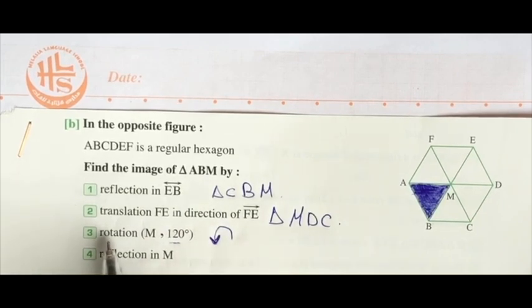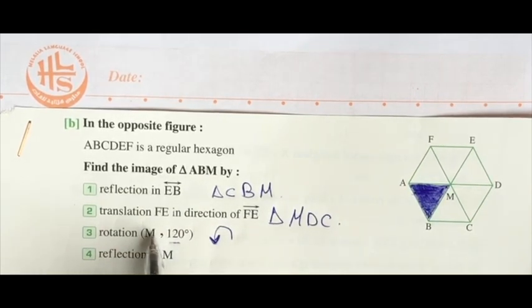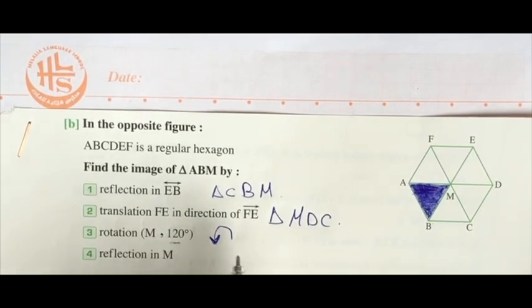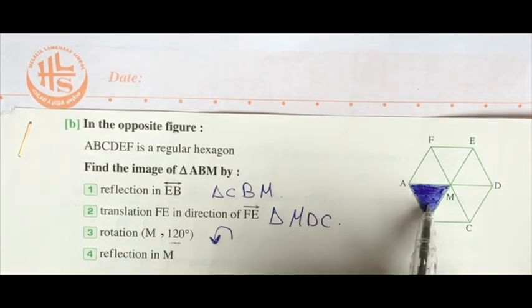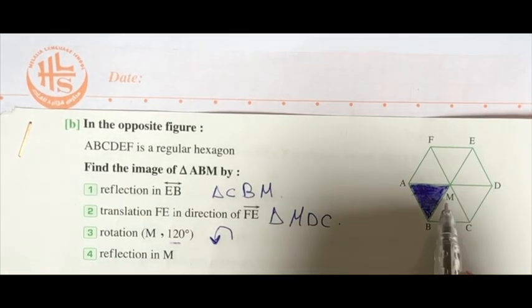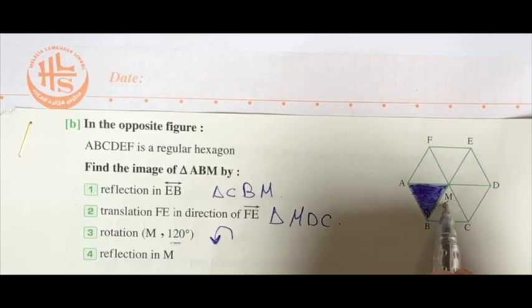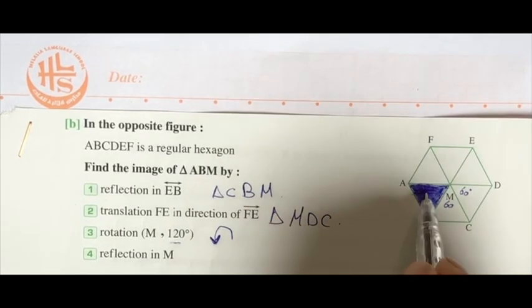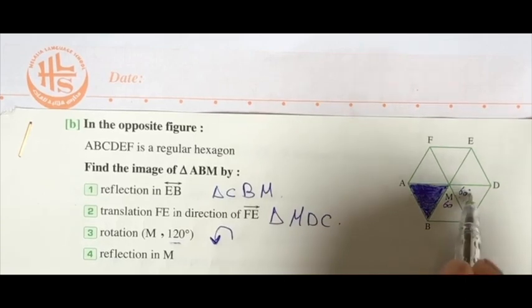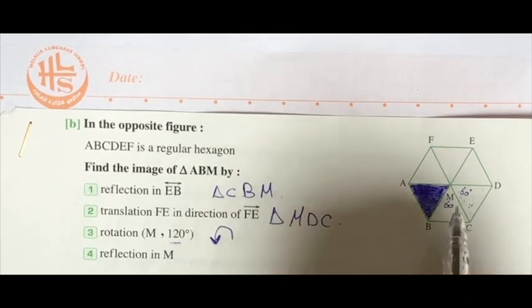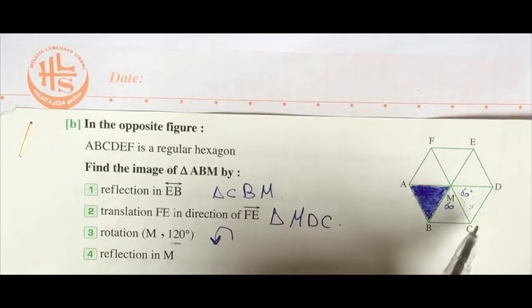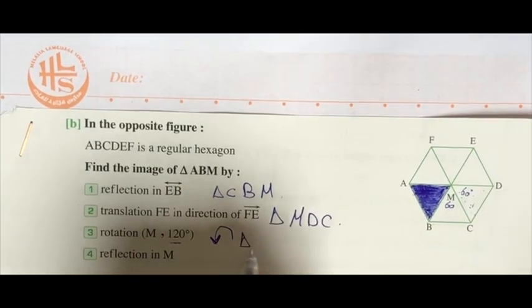Okay, so the image of the triangle by rotation around M of angle 120 degrees positive, we move the triangle 120 degrees. By the way, we know that this angle equals 60 degrees and the other one also equals 60. So the image of the triangle ABM is going to be MCD.